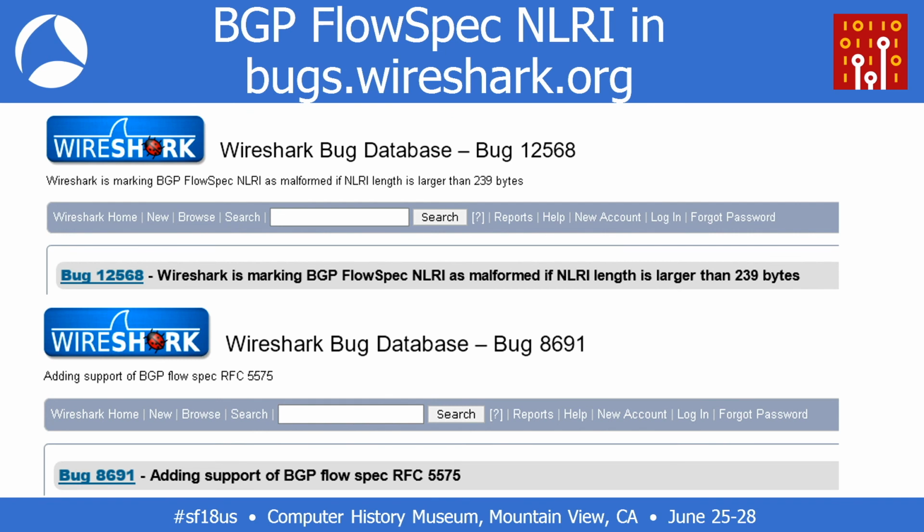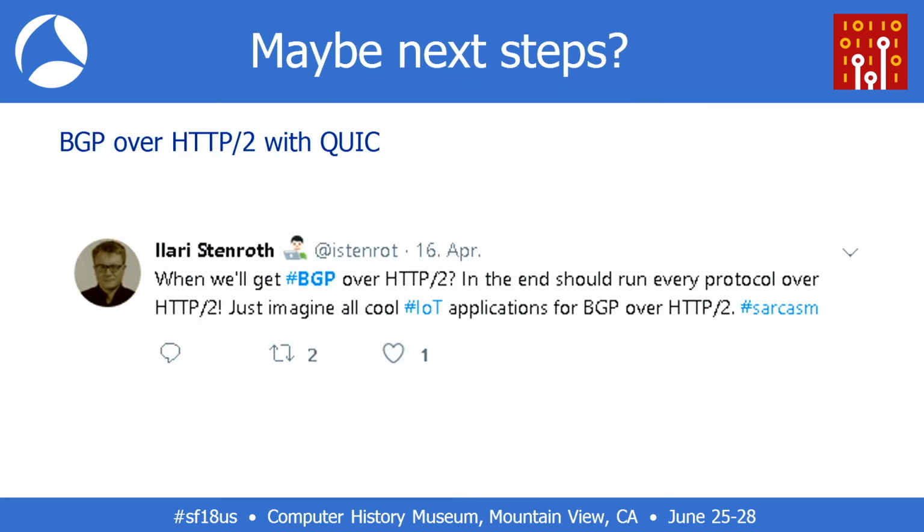Another thing here, flow specification, with Wireshark for your reference. So what are the next steps? When I read that, I was thinking, maybe. World changed. Everything over QUIC. Maybe.